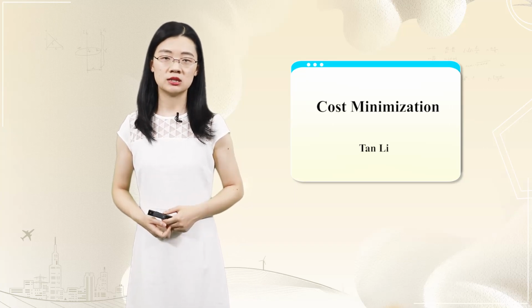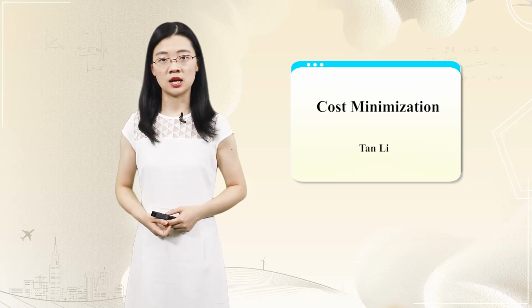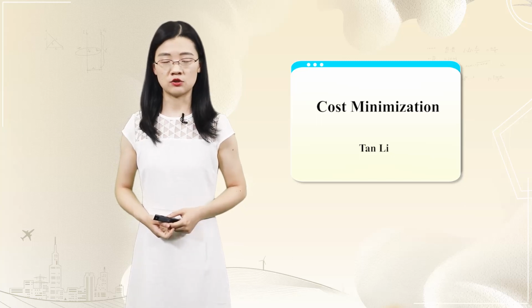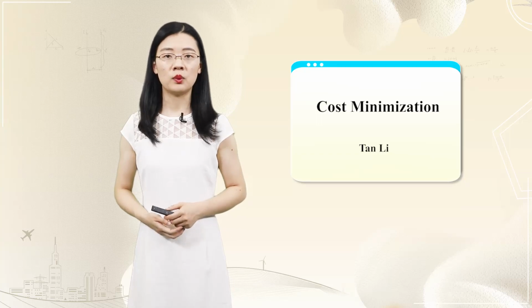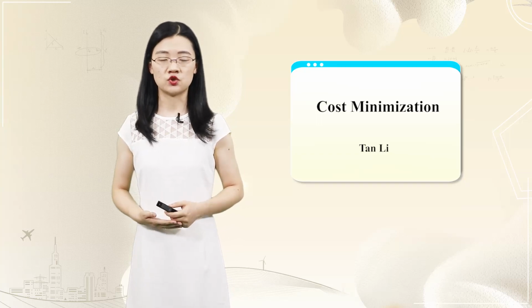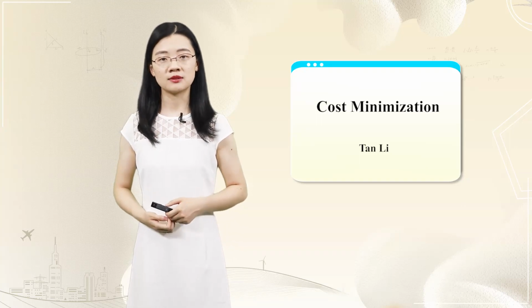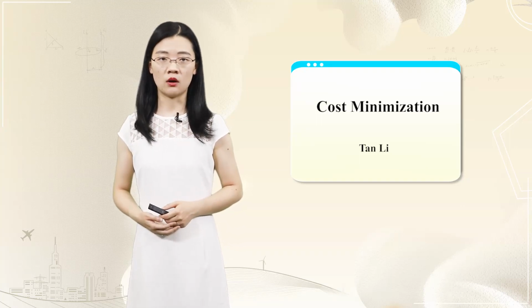And the costs directly affect the profit or loss of the producer, which in turn influence the producer's production decision. Therefore, in this lecture, we will examine the relationship between production costs and output, so as to understand the important role of costs in the decision-making of producer.